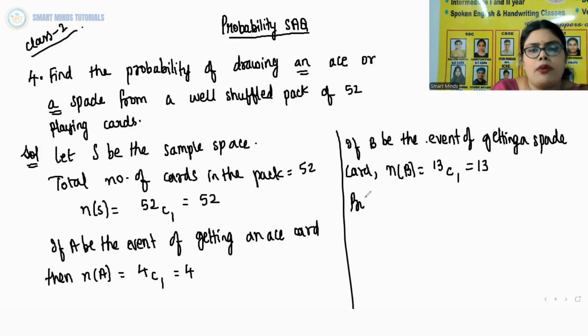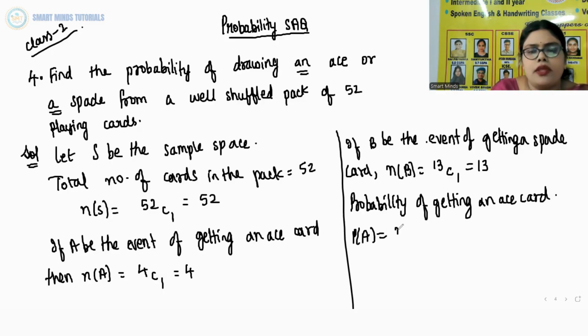Now what is the probability of getting an ace card? Ace we have taken as A. So P of A is equal to N of A by N of S. That is 4 by 52.